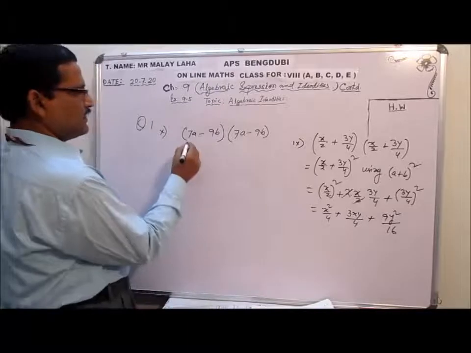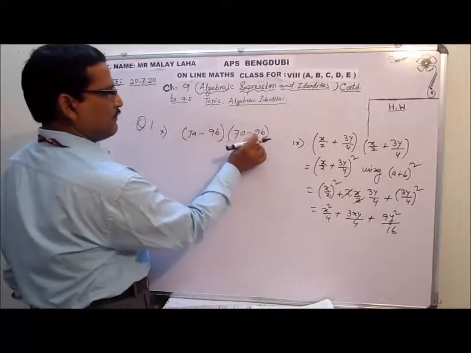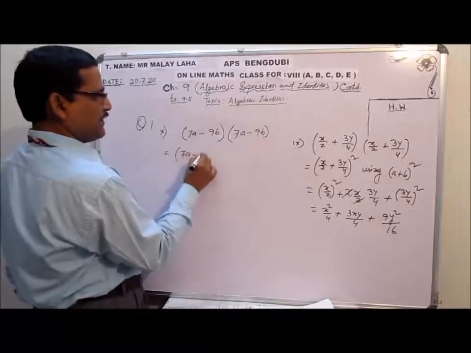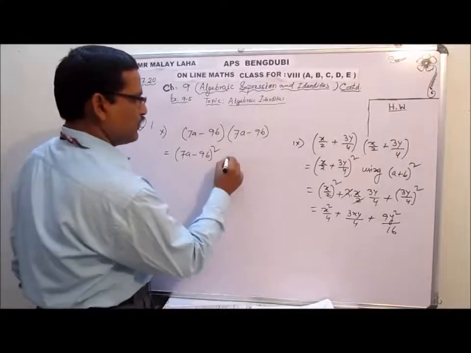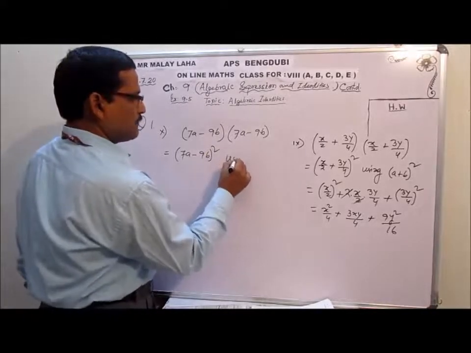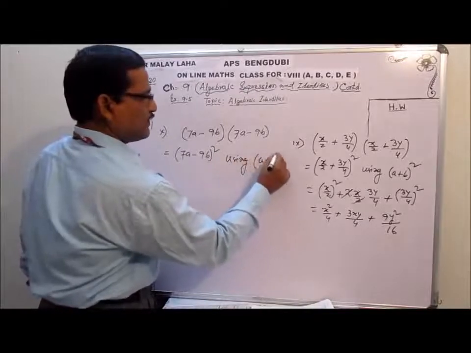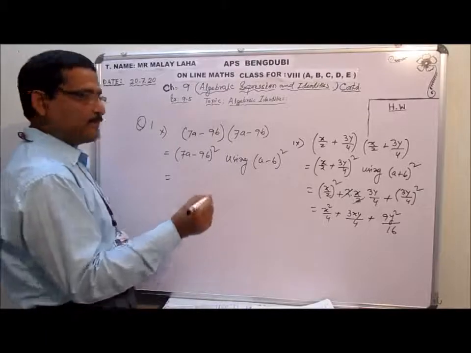Nothing is there. 7a is the first part, the a, and 9b is the second part, the b. So I can write here (7a minus 9b) whole square. So it is following the identity (a minus b) whole square, so a square minus twice ab plus b square.